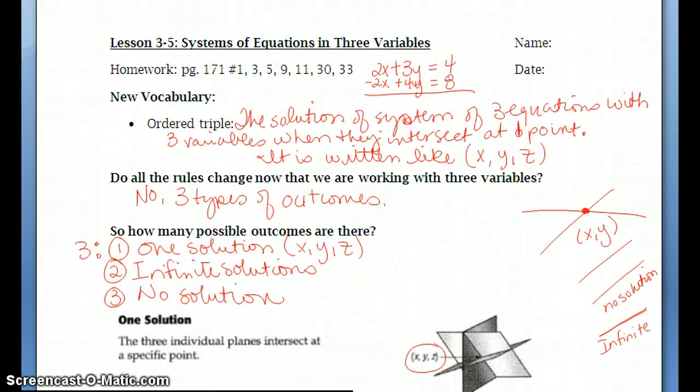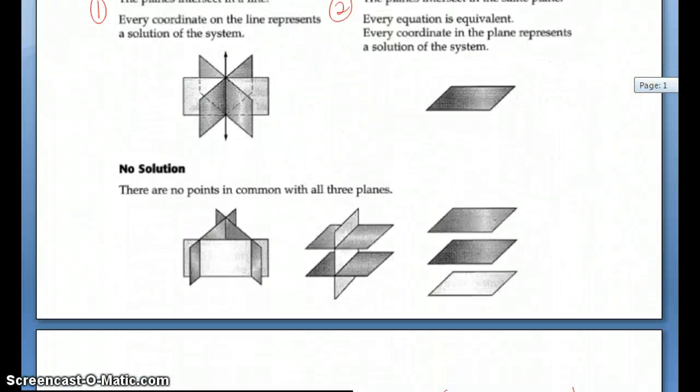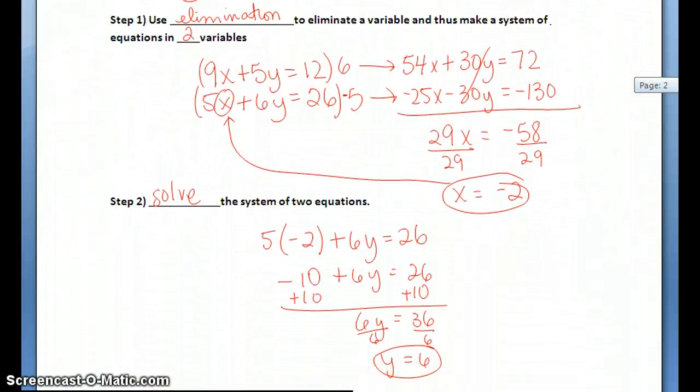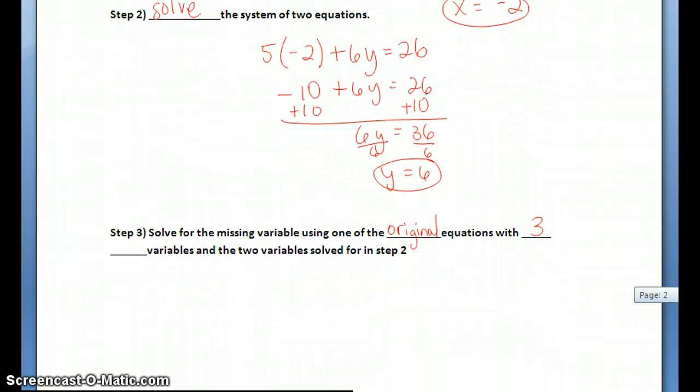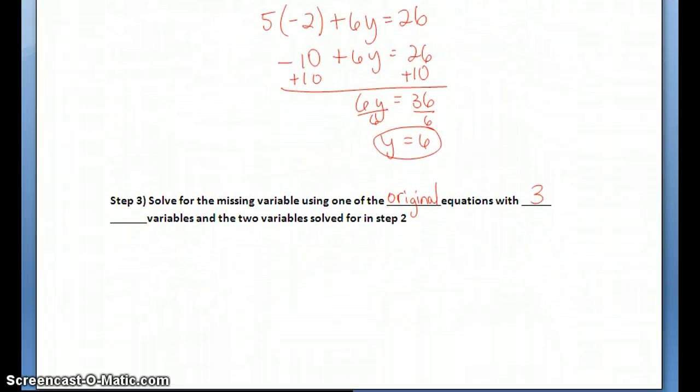So the very last thing I'll do, and let's pull this back down, the very last thing I'm going to do is solve for the missing variable using one of the original equations with 3 variables. And so if I go back to one of the original equations, it doesn't matter which one I choose.